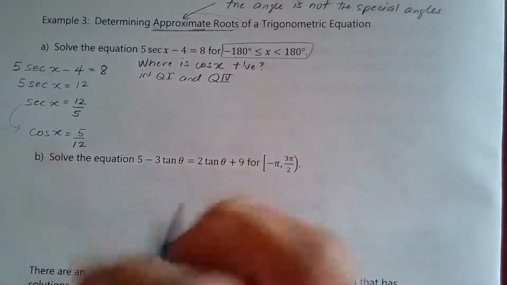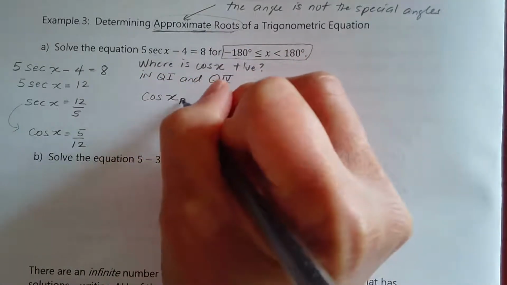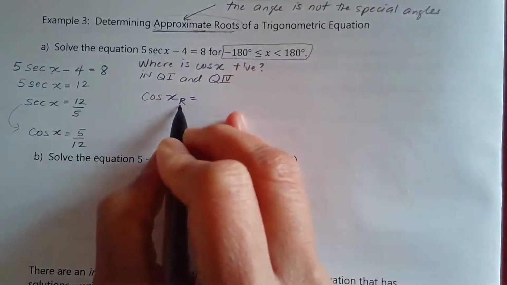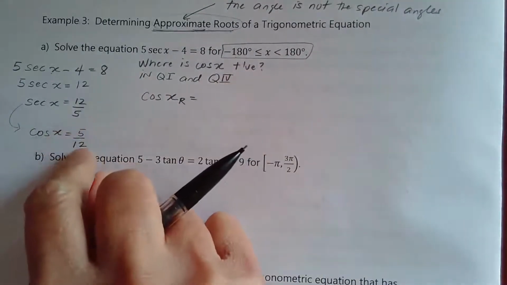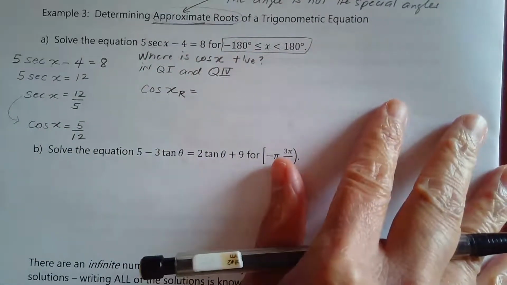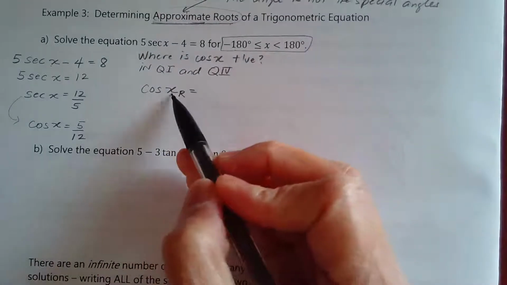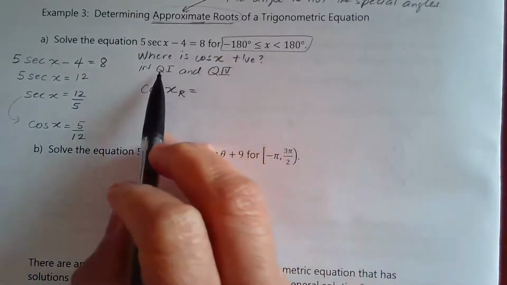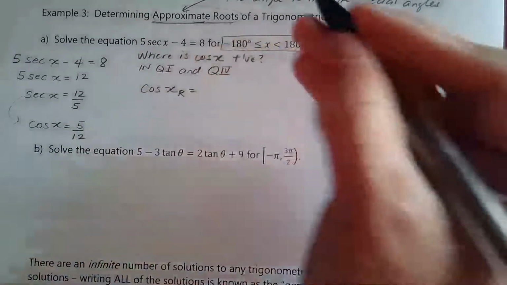So what are we going to do? We're going to take the cosine of the reference angle. I'm putting R there to indicate it's a reference angle, because once we figure out the reference angle, we can find the other coterminals. So it's going to be an angle in quadrant 1.